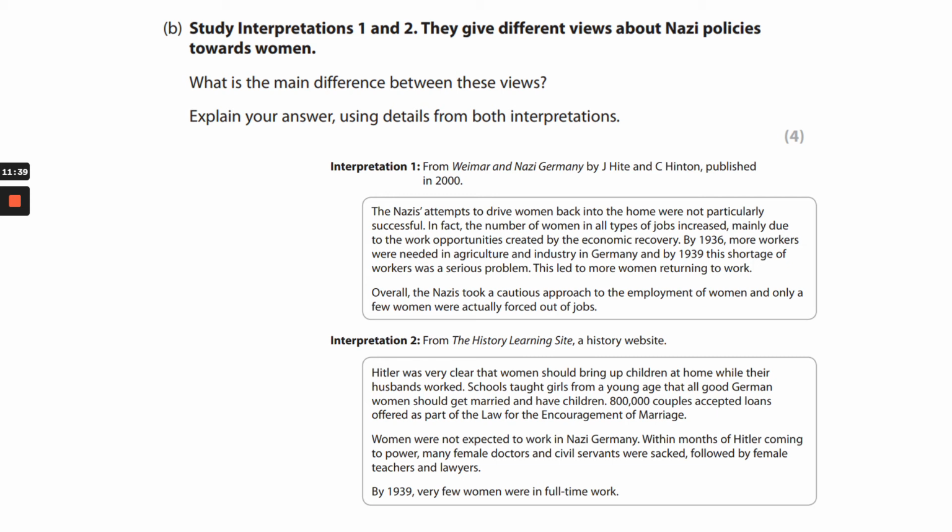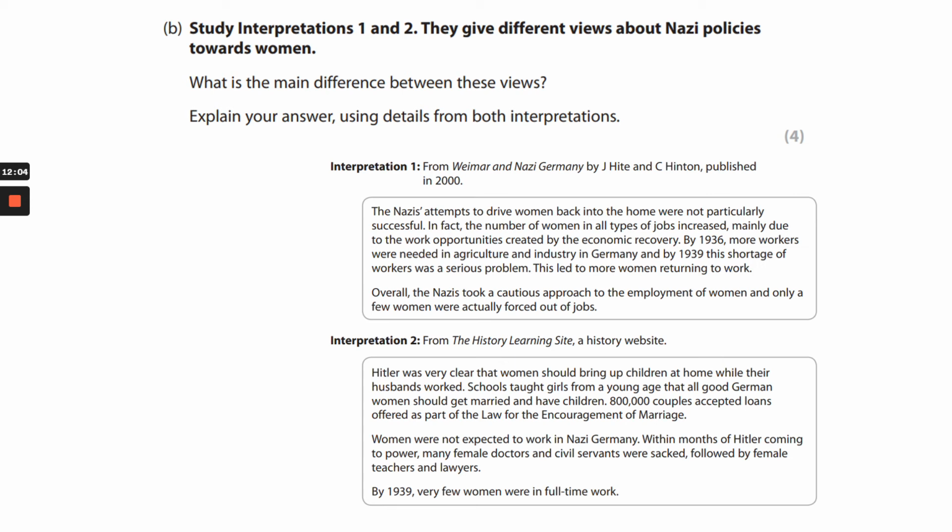So this interpretation is very different. I can see that the first interpretation seems to be saying that the Nazi policy towards women of encouraging them to have children was not really a success. The Nazis failed in their policies towards women. How do I know that? Well, it says because the Nazis' attempts to drive women back into the home were not particularly successful.